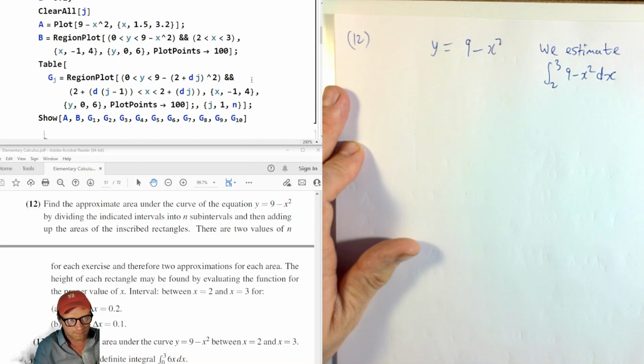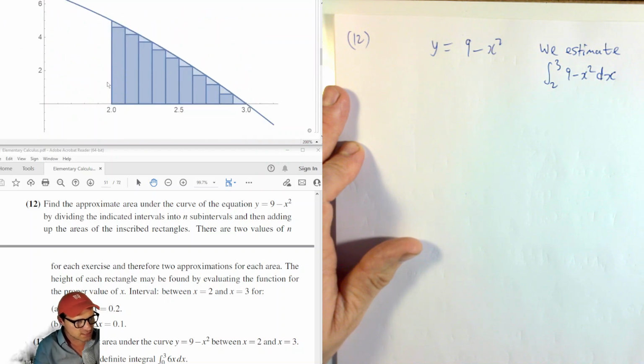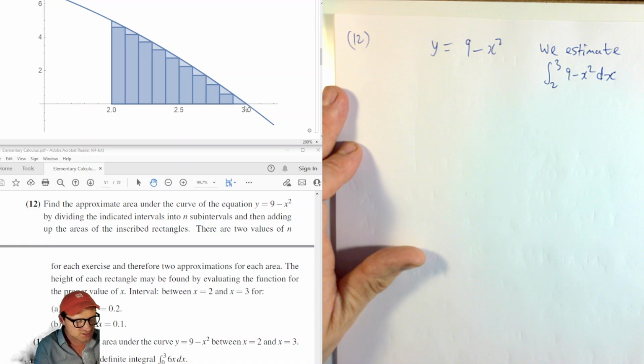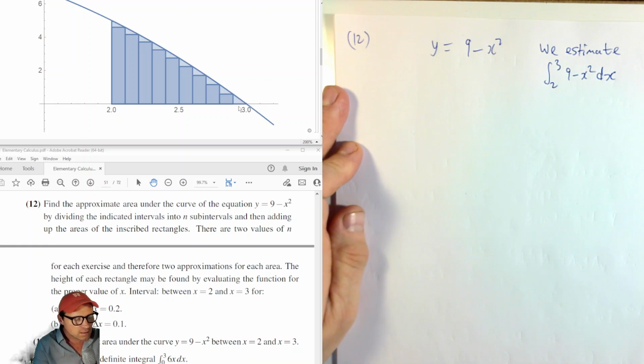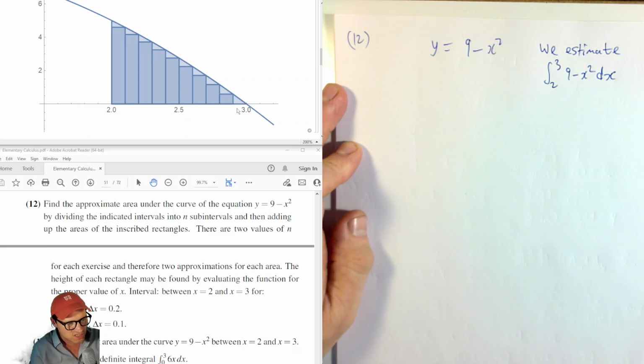Okay, so yes, I've just run that, and this is what that looks like. This one is done in terms of 1, 2, 3, 4, 5, 6, 7, 8, 9, and then there's an empty rectangle here at the bottom, it looks like. So 10 rectangles. So this is basically looking at part B of the question.